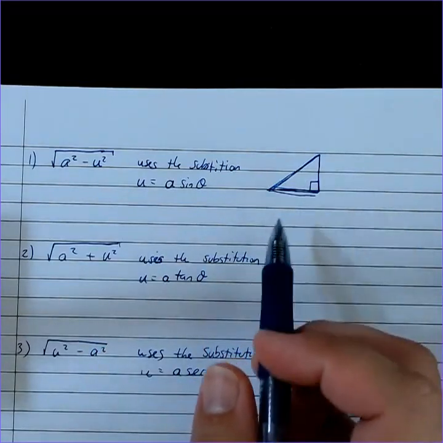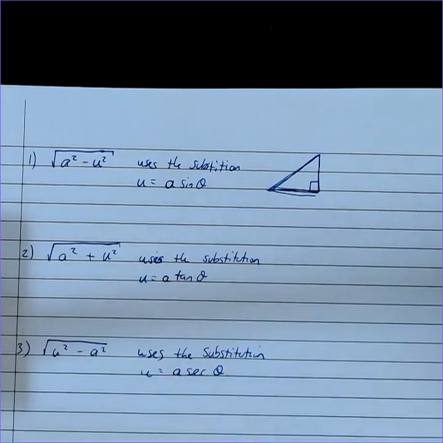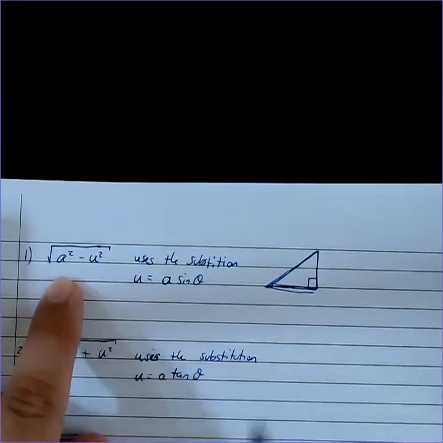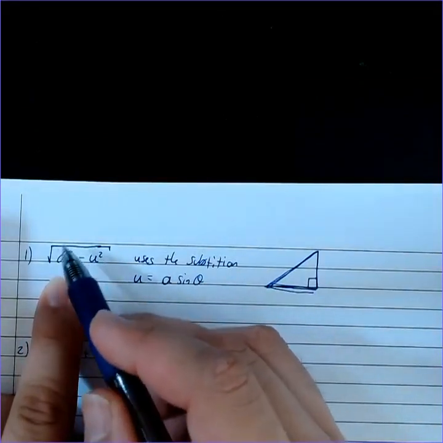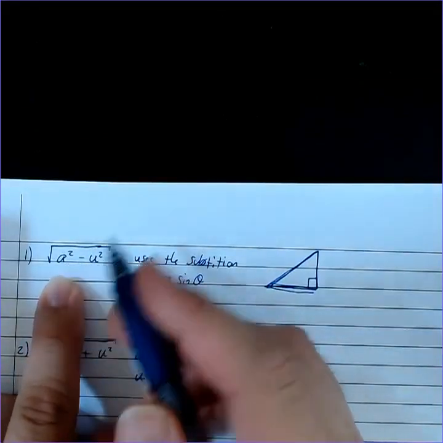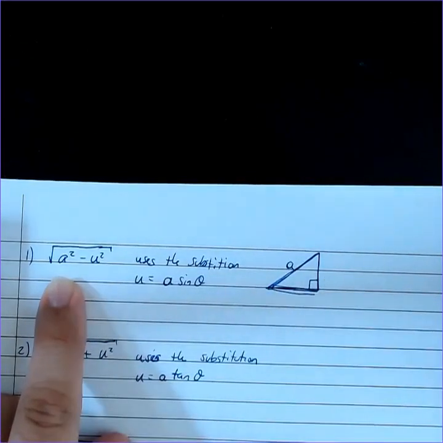The two short sides of the right triangle squared and added together give me the square of the longer side. Here, note that if I'm taking a squared and subtracting from it, that must mean a squared is guaranteed to be bigger. So that means that a must be the length of the longest side of my triangle, or in other words, it must be my hypotenuse.